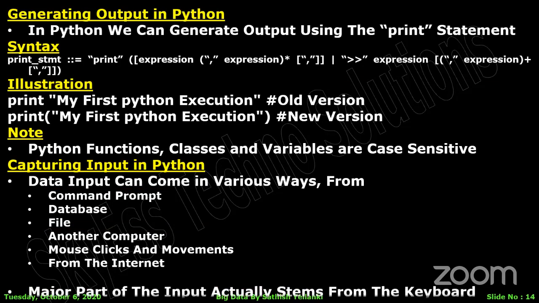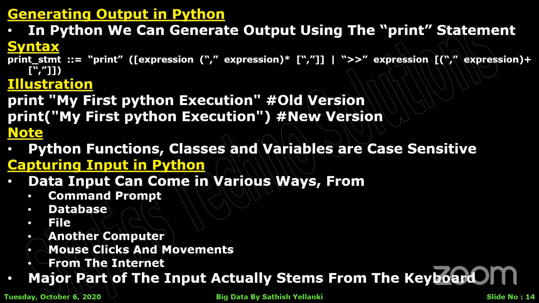So the major part of the input actually comes from the keyboard. So can we first make a criteria of constructing the input from the keyboard? To get the input, Python should provide you some function.